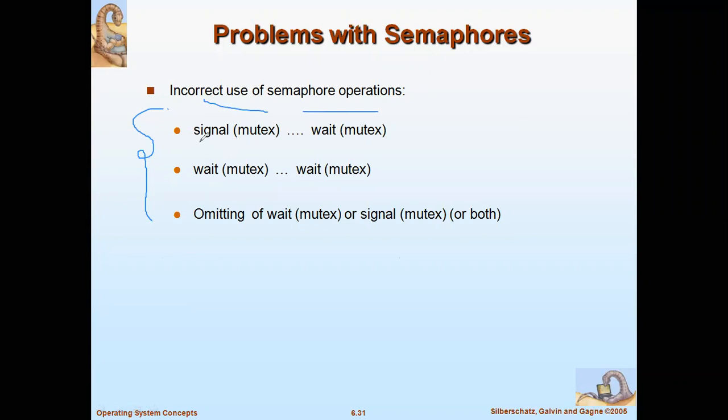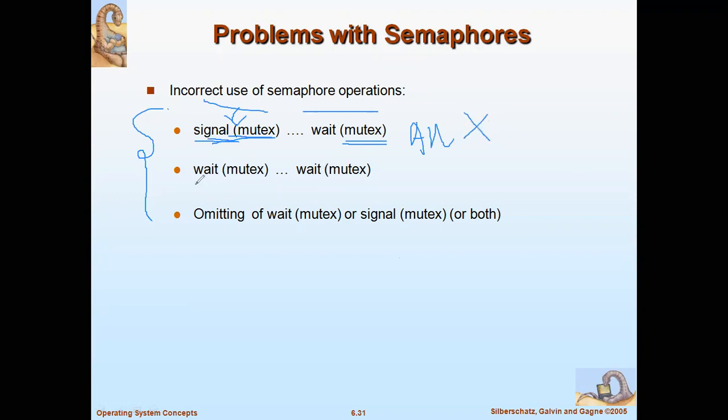But what if you change the order of the operations, that is, signal first and then wait? Signal first means that it will allow all the processes to enter into the critical section. That is, if signal is put before wait, then all the processes will be allowed to enter into their critical sections, which is not correct.